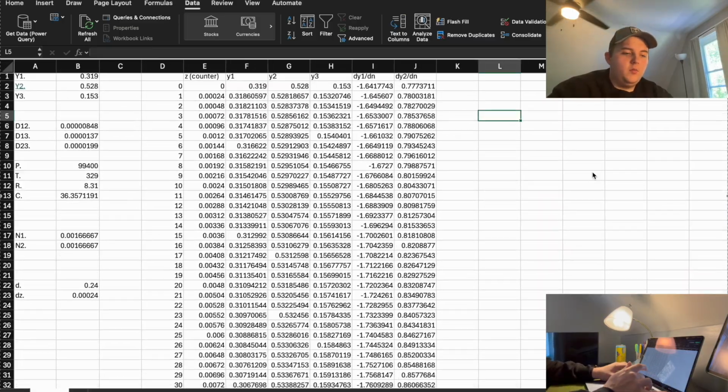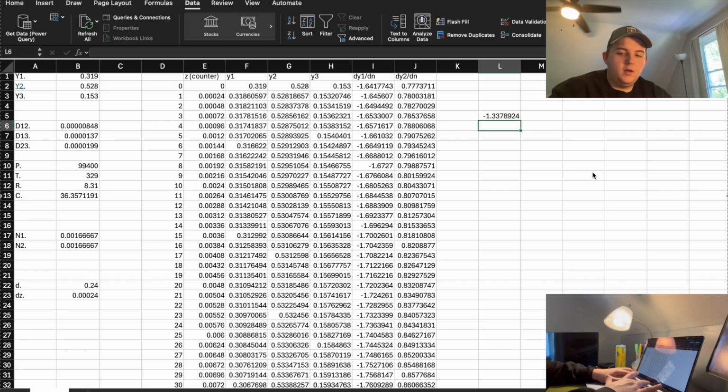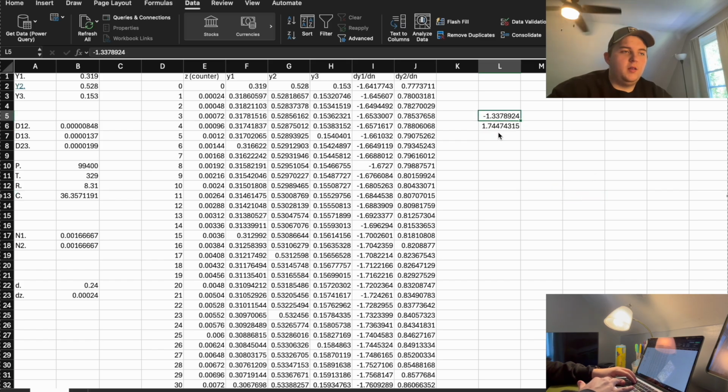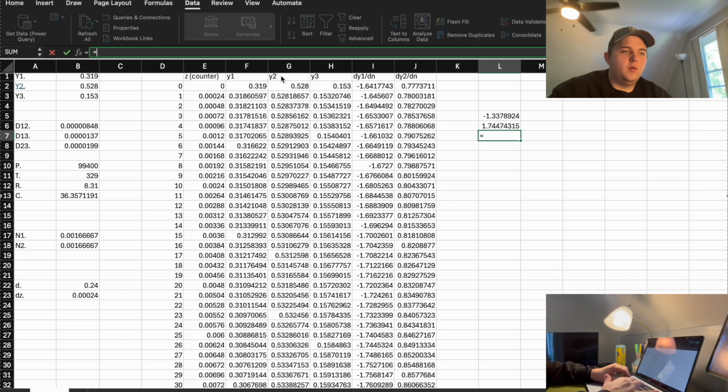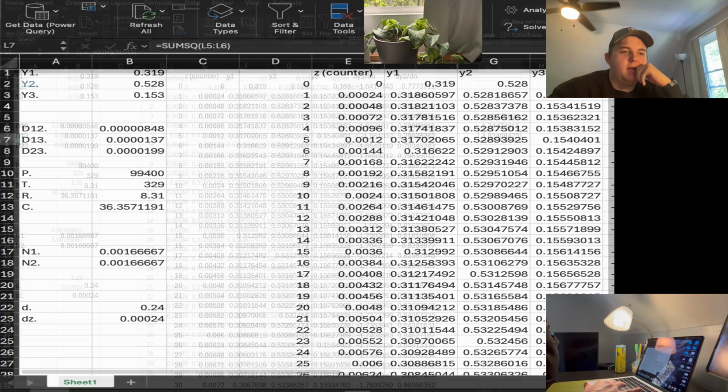It's negative 1.33788924 and 1.74474315. So these are our 2 values here, and then in this we need our sum squared of these 2 values here. This is our sum squared, which is going to be what we're going to use in Solver, which I thought we already had.